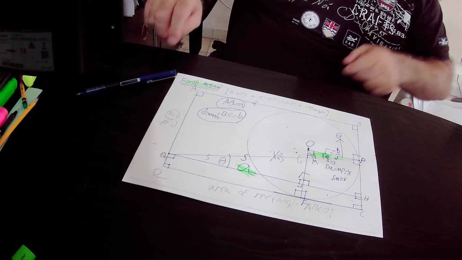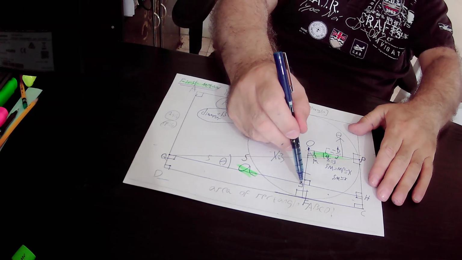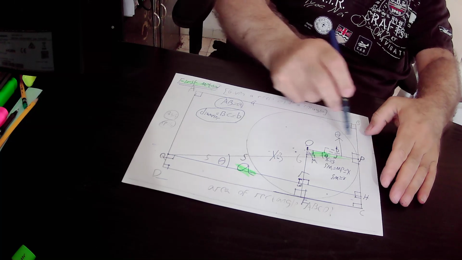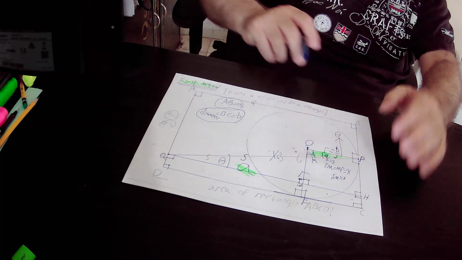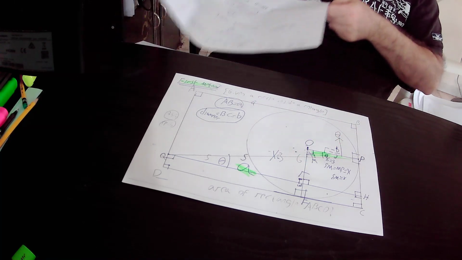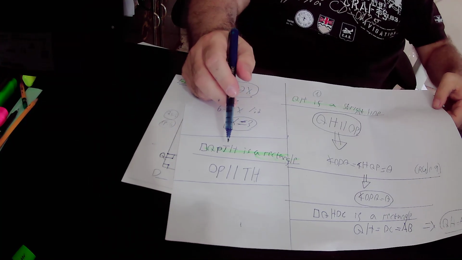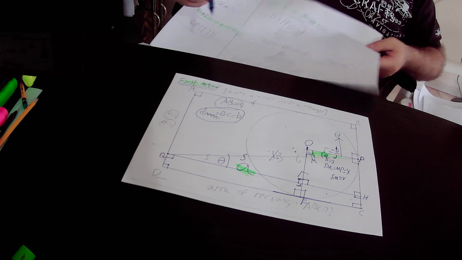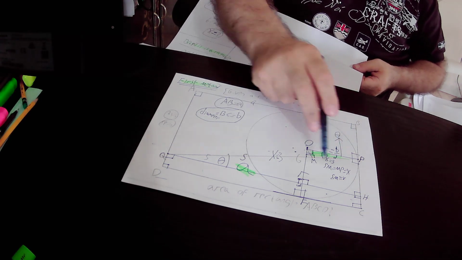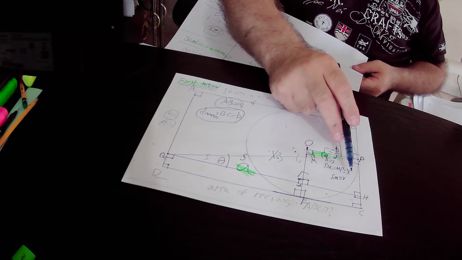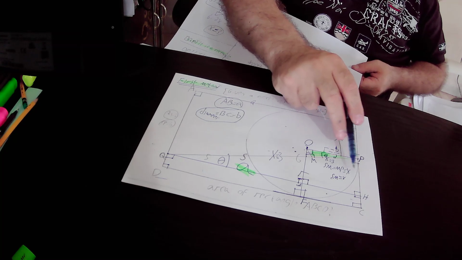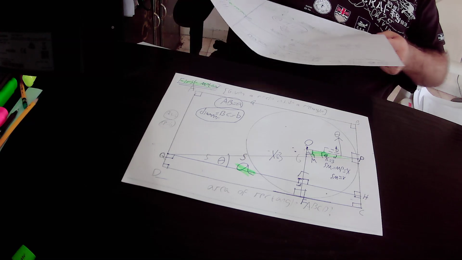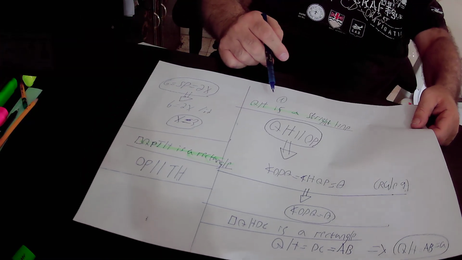Actually, this point is point T. Therefore, OP is parallel to TH, according to the rule that the opposite sides of a rectangle are parallel to each other. But TH is part of QH, and QH is a perpendicular, it is absolutely a straight line.